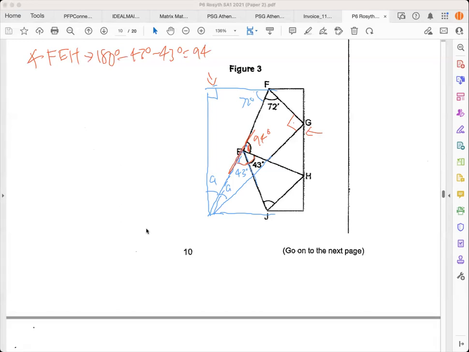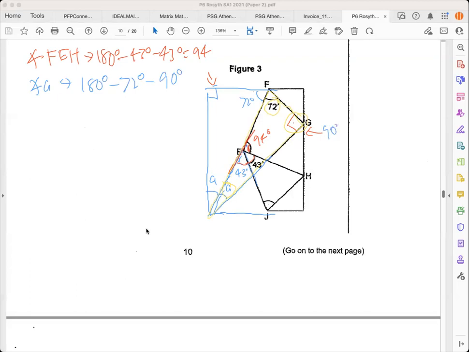Now that we have 72, we have 90 degrees, we can find A because this is an angle inside a triangle. Okay, this triangle. So first find angle A. Angle A will be equal to 180 degrees inside a triangle, minus away 72 degrees, minus away this 90 degrees.